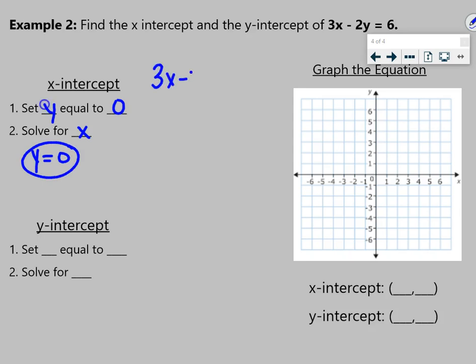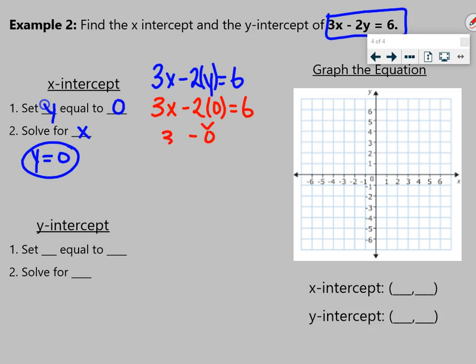So we have 3x minus 2y equals 6. That's the equation we were given. Replace y with 0 because we know y is equal to 0. 3x minus 2 times 0 equals 6. 2 times 0 is 0. 3x minus 0 is just 3x.